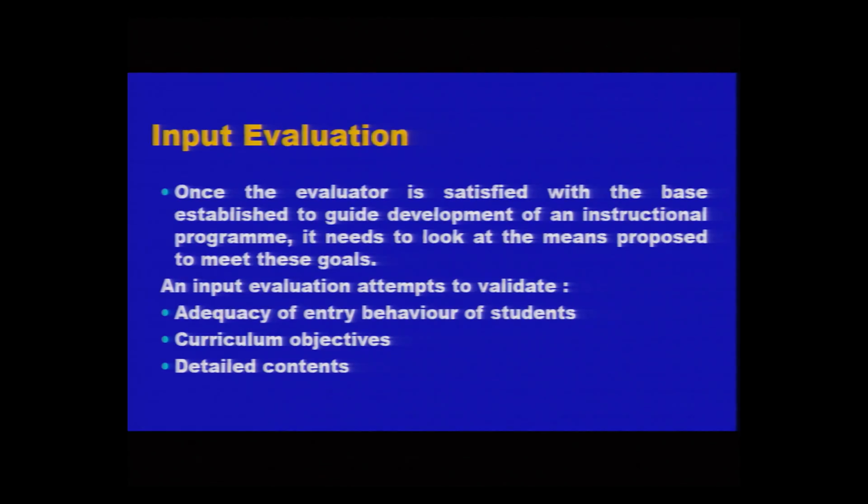So, we are to see whether whatever competencies, whatever course objectives we have given in the curriculum, are consistent with the industry's requirement. Then we give some detailed contents. Each subject has some detailed contents in terms of knowledge, skill and attitude. Whether these are appropriate to the requirements of the industry.